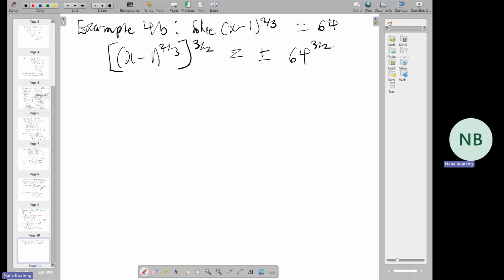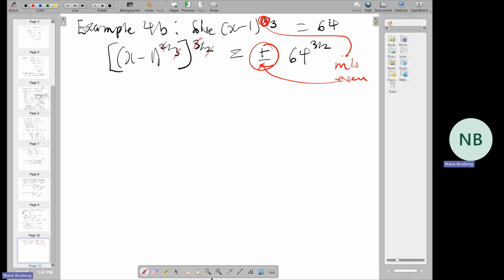And this is because the m is even now. The m is 2. The m is even. So we have plus or minus. All right. So from here, we got 2 divides 2 and 3 divides 3.